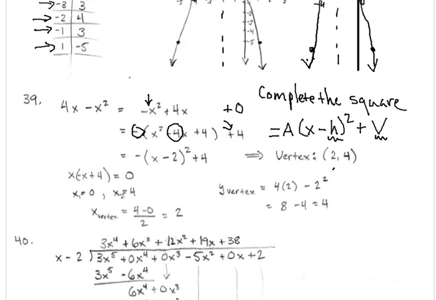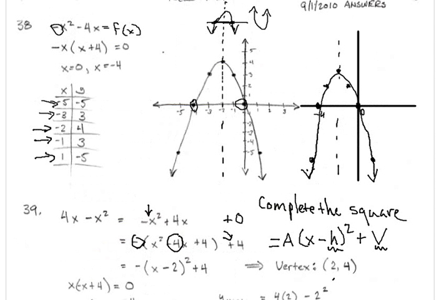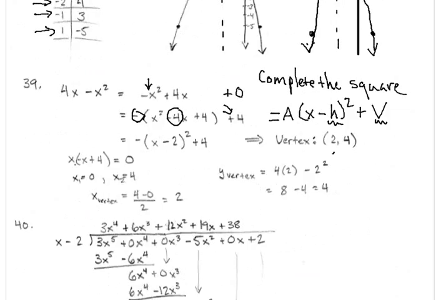Now another way to do it, similar to what we looked at in problem number 38, is to factor and find the zeros, right? When I factor this, I get x times the quantity negative x plus 4. I found the zeros, so my first zero is at x sub 1 equal to 0, and my second zero is at x sub 2 equal to 4.